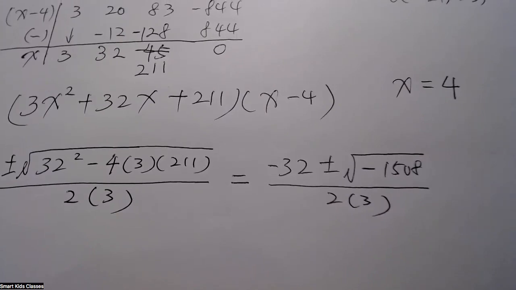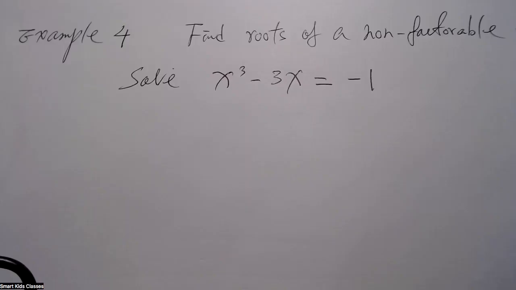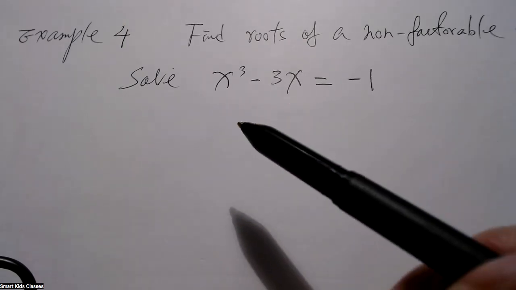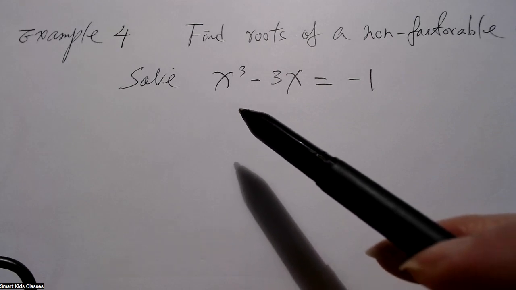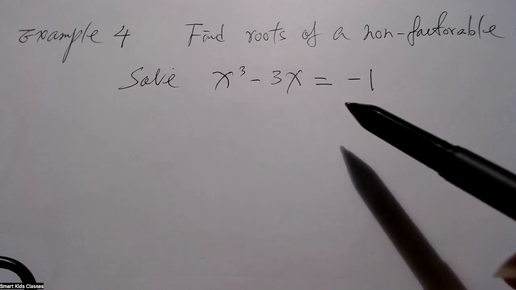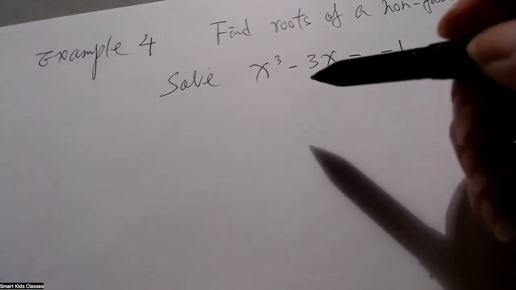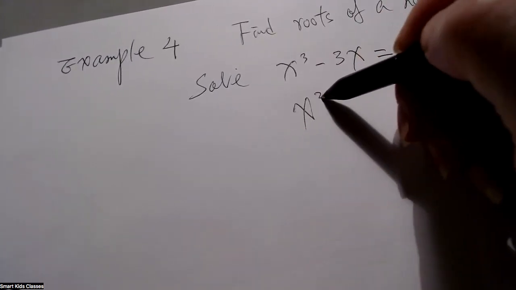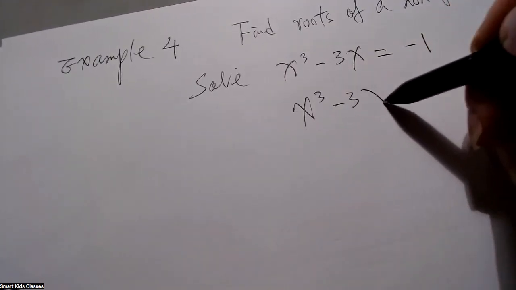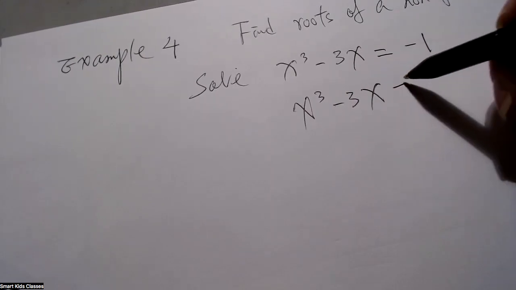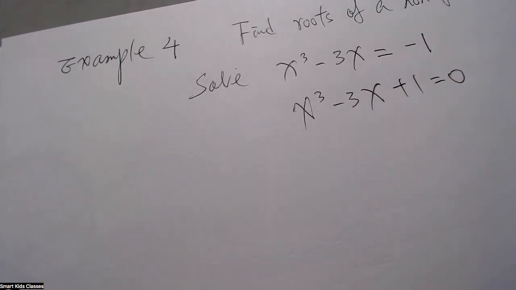And we are going to do the next example. Example 4 is find roots of a non-factorable equation. Now solve this equation: x exponent 3 minus 3x equals negative 1. So we're going to write x exponent 3 minus 3x plus 1 equals 0.